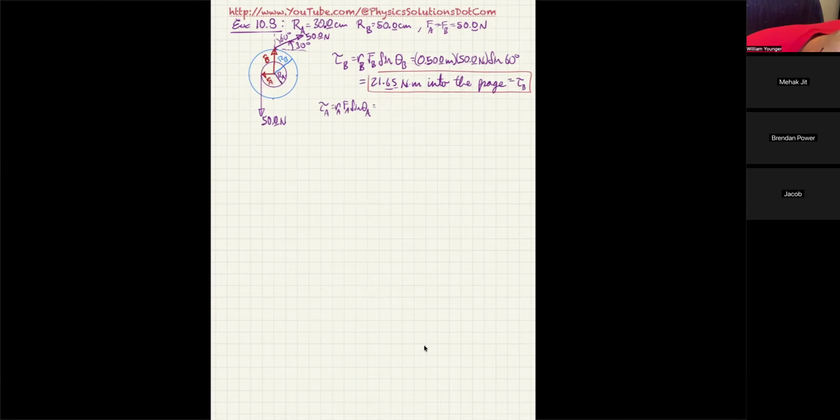So I'm going to write 0.300 meters times 50.0 newtons times the sine of 90 degrees. It's 0.3 times 50, which gives me 15.00 newton meters. And this one, of course, is out of the page.